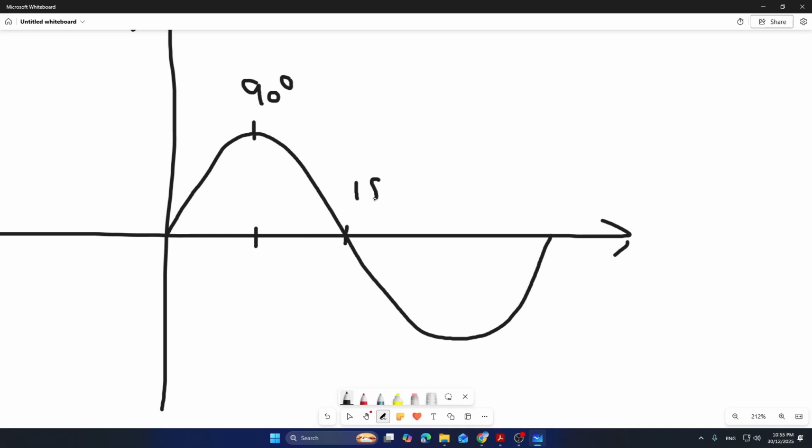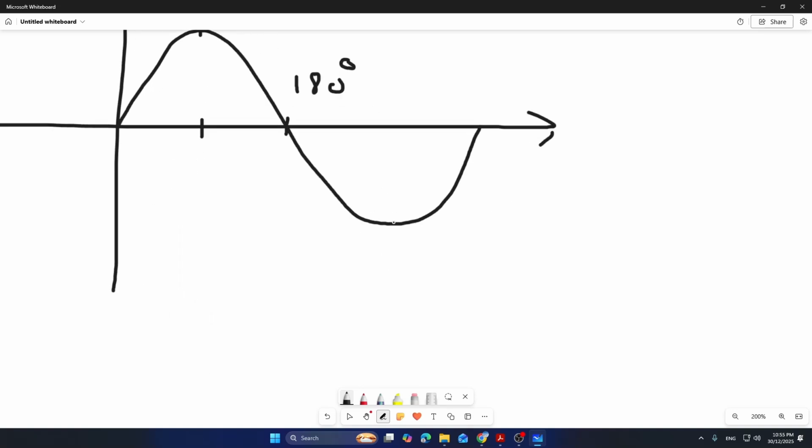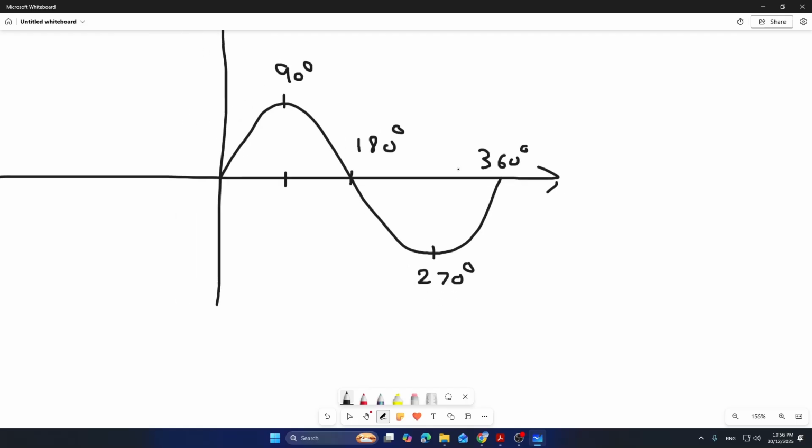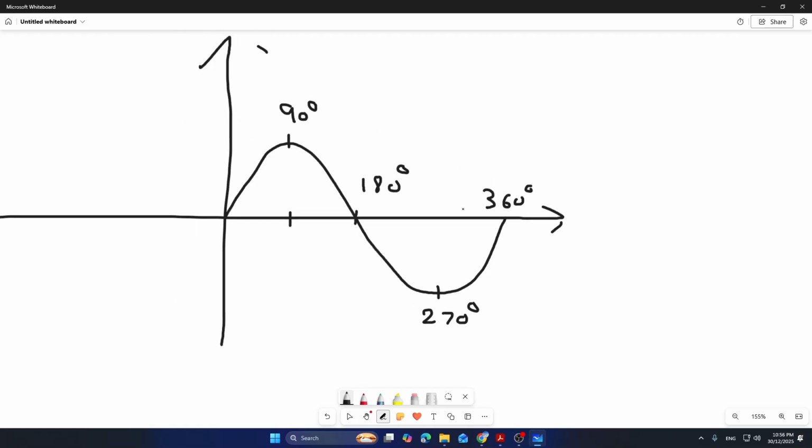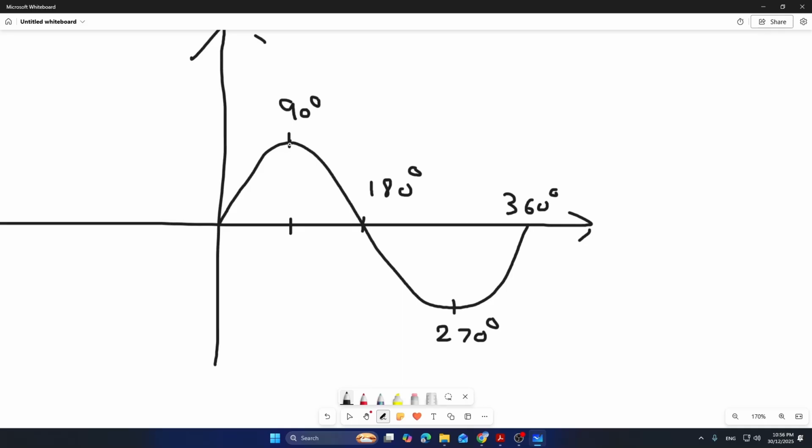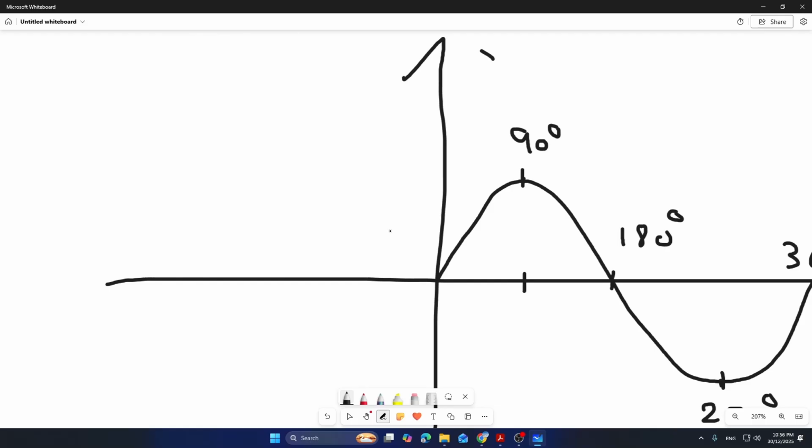Here it's 180 degrees. Here it's 270 degrees. And here it's 360 degrees, and this is one complete cycle. It's going to keep repeating the same thing over and over again. Everything you see here, you're adding 90 degrees each time. Also, when you're writing the coordinates, don't put the degree sign. Just write 90, 0, for example.